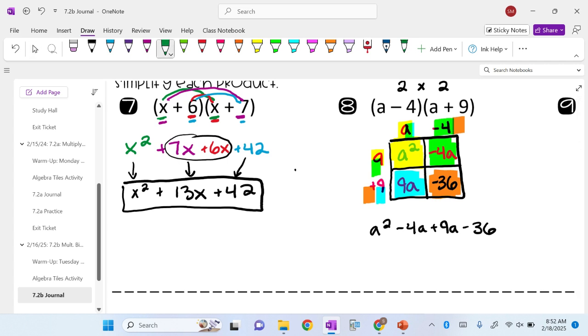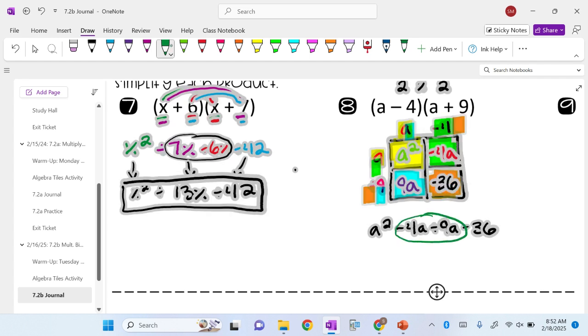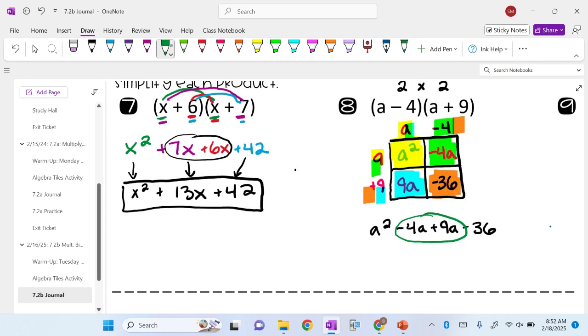Where are my like terms here? Negative 4a and 9a. So I bring down the a squared. What's negative 4a plus 9a? Positive 5a, and then I bring down the minus 36. So this would be my answer.